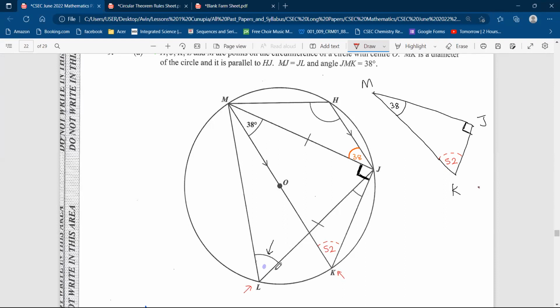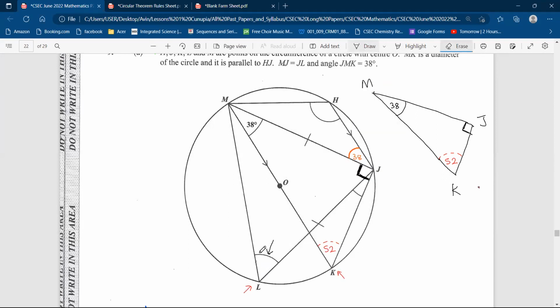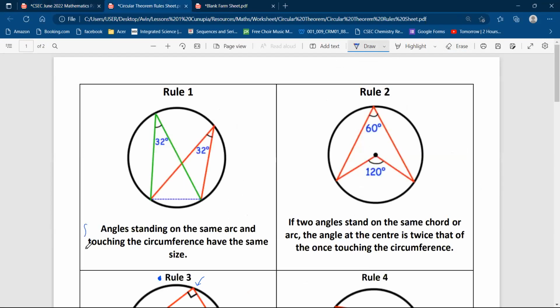J. Won't both of these angles be equal according to rule number 1, right? So over here will also be what? 52 degrees.